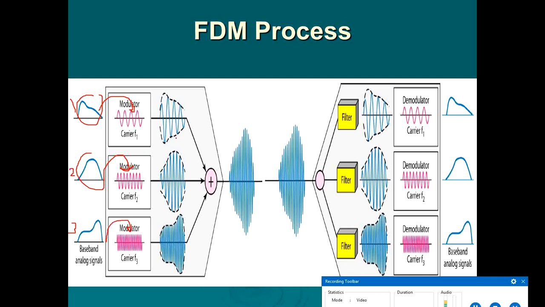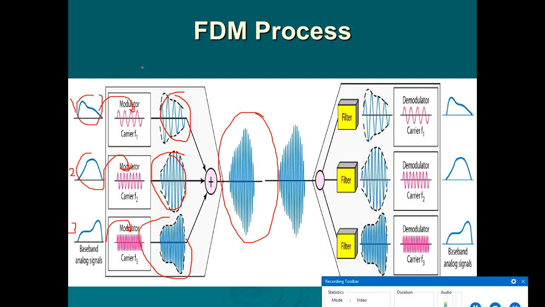So when these are combined together, the resultant frequency for the user 1 is this, user 2 is this, and the user 3 is this. So if you see over here, there are three different signals from three different users having different frequency. Now these are combined together and they form a wave something like this.